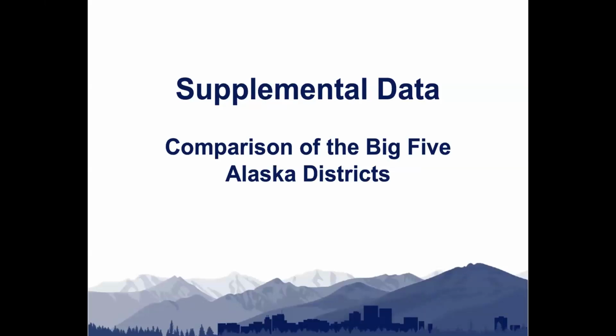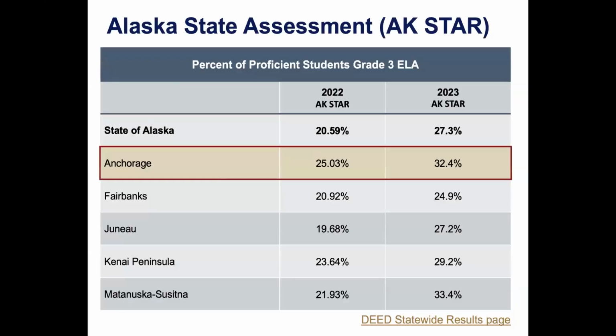Okay, so here's what we were asking for, Member Lessons. We're going to look at the 5 big districts, the proficiency rates in third grade reading. I'll take a second there for you to digest that.